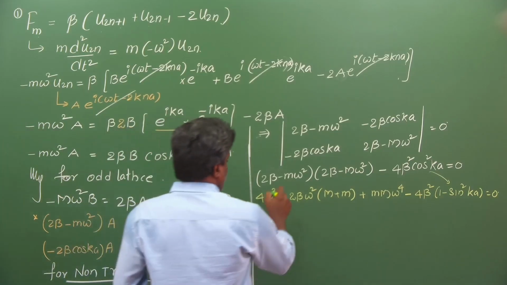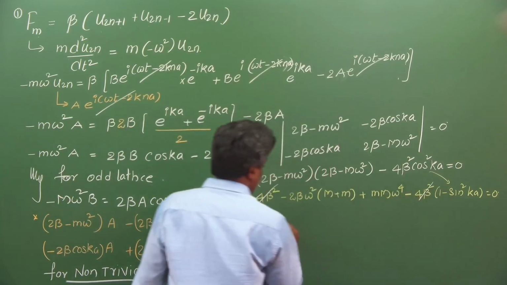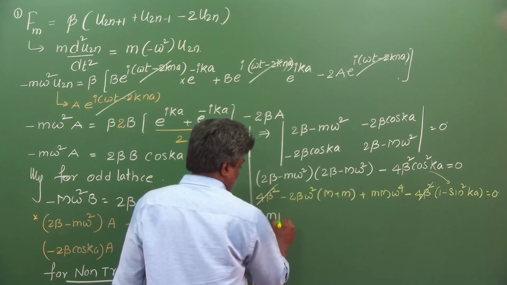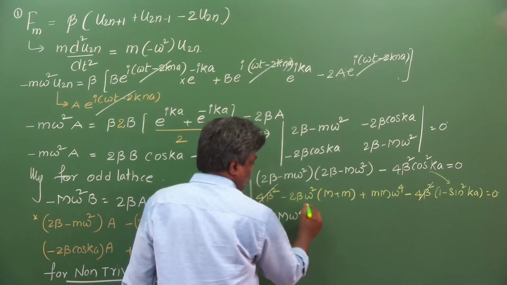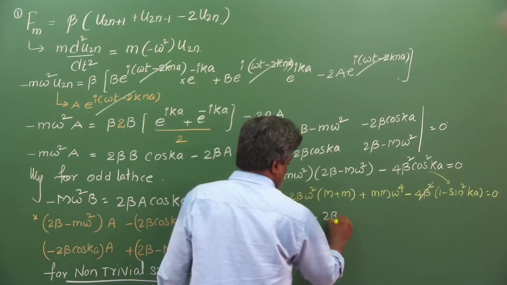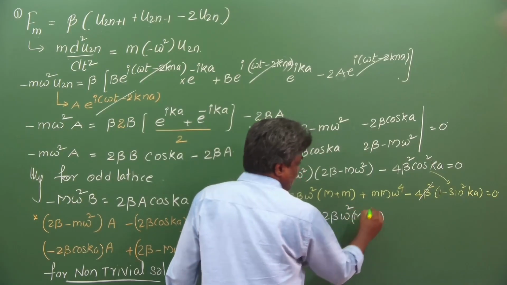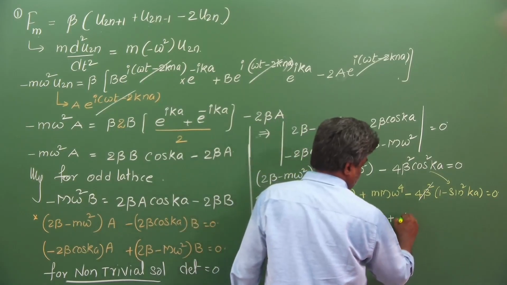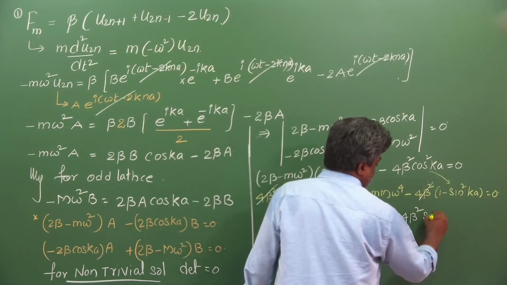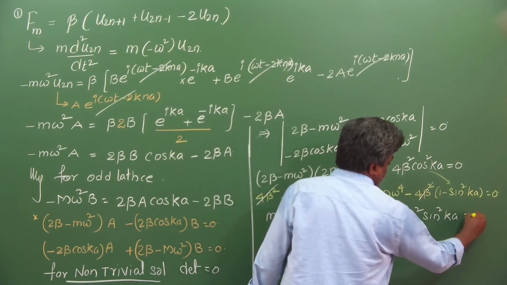So I think this 4 beta square gets cancelled, and finally what you get is small m capital M omega power 4 minus 2 beta omega square capital M plus small m, plus 4 beta square sin square Ka equal to 0.